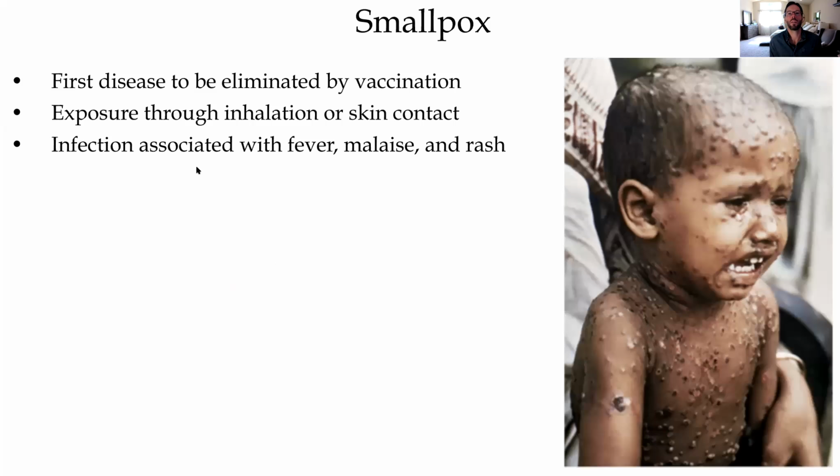Smallpox was, if you remember, the first virus that had a really well-established vaccine from Jenner. And so the result is that now it's pretty much eradicated from the planet, fortunately, because it is a very nasty virus that, if it doesn't kill you, can permanently scar you for life.